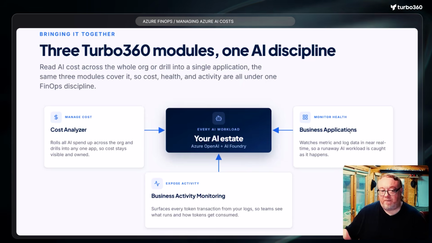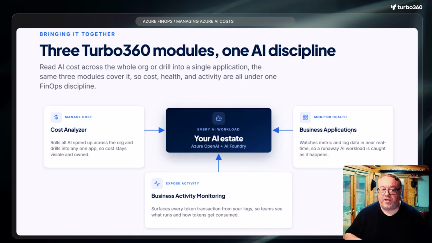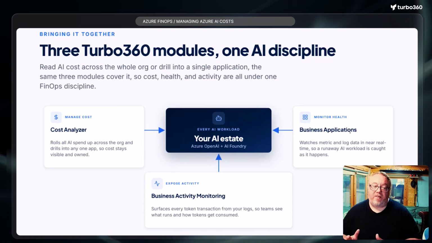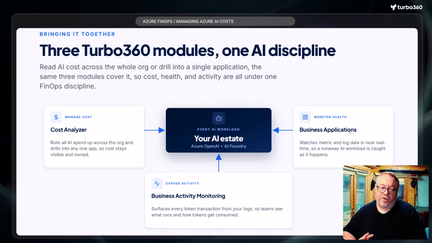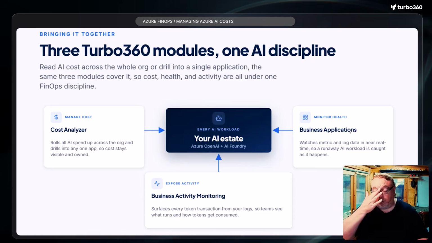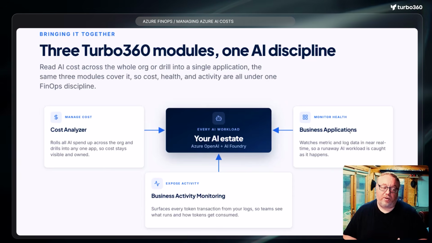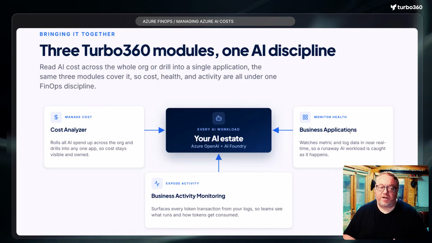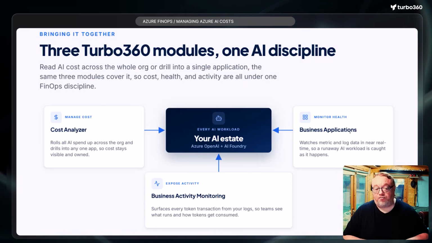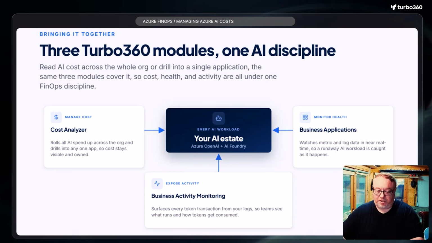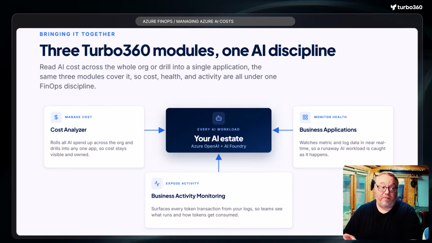We also have the business application module, which can help you monitor metrics and service health, and also watch for runaway token usage. And then finally, we have the business activity monitoring module, which can help you look for transactions using a lot more tokens than you're expecting, and we can get right down to the transaction level. Hopefully there's plenty in Turbo 360 that can help you manage this environment.